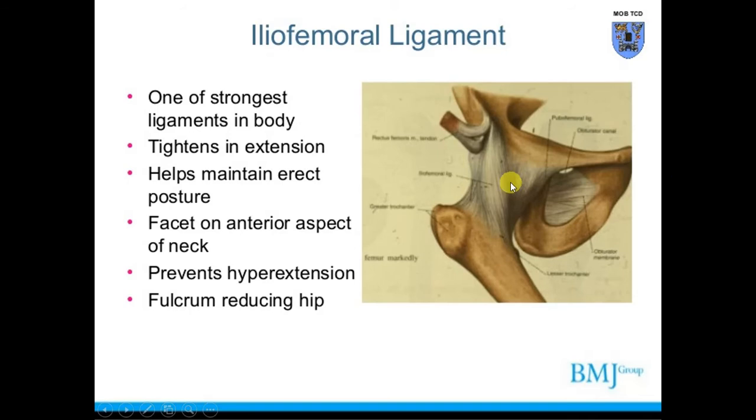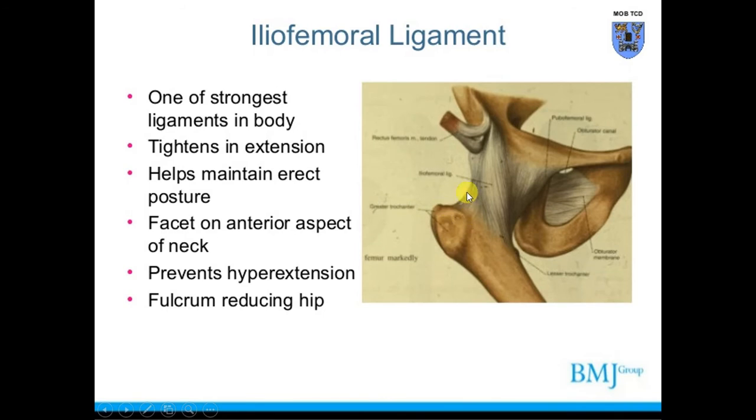If you imagine extending your hip joint, you can feel that the iliofemoral ligament should be taut in extension. It maintains the erect position, creates a facet on the anterior aspect of the femoral neck, prevents hyperextension, and is a fulcrum for reducing the hip.